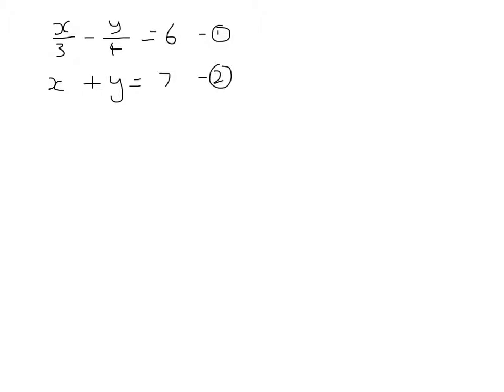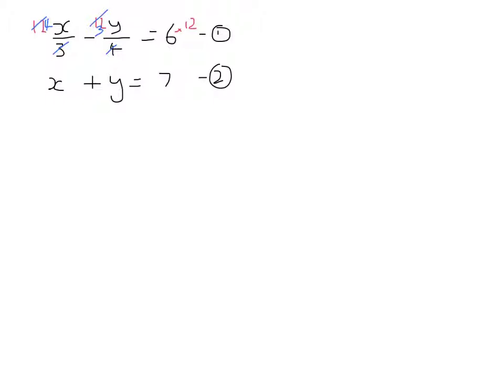Now, I don't particularly like fractions in the first one, so what I'm going to do is I'm looking at the denominator of the first one, that's 12. I'm going to multiply everything by 12 in this one here. So if I times this by 12, times this by 12, and times that by 12, then I can cancel a few things down. 3 goes into 12 4 times, and 4 goes into 12 3 times.